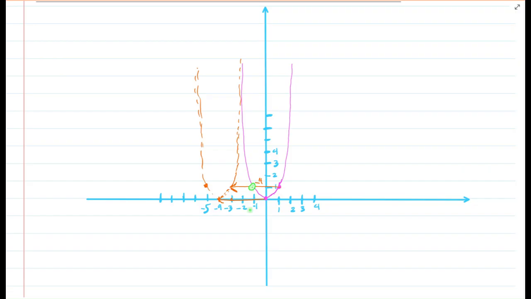And the point (-1, 1), we shifted 4 units to the left. So from -1, we go to -5. So we have this point (-5, 1). And then we sketch the graph of our function to power 4.